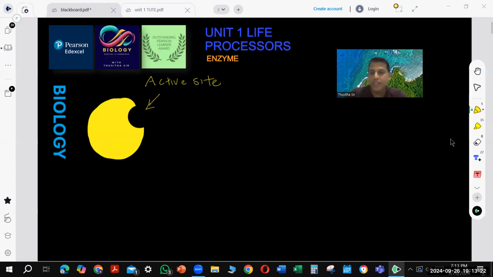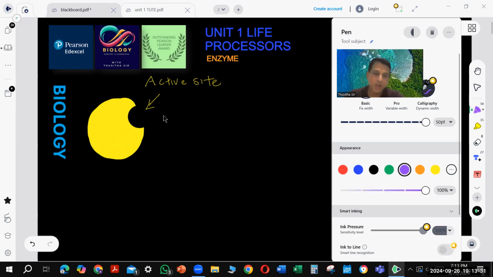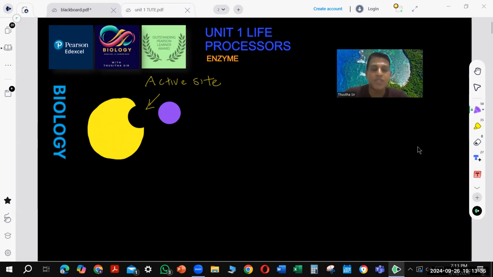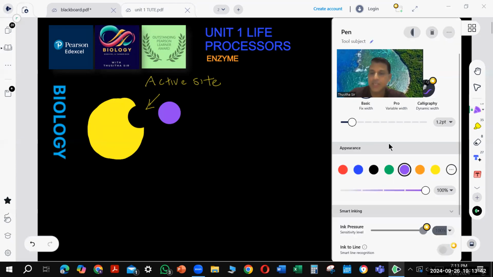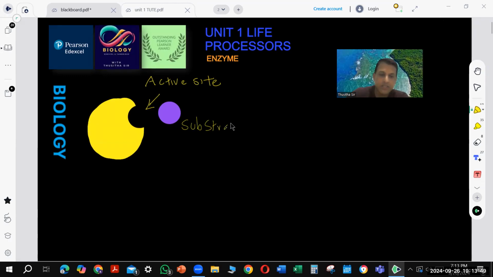Now, why is the active site important? Because this site is a very important place for this round shaped circle. The round shaped circle is called the substrate. I think you can understand this from your chemistry knowledge.